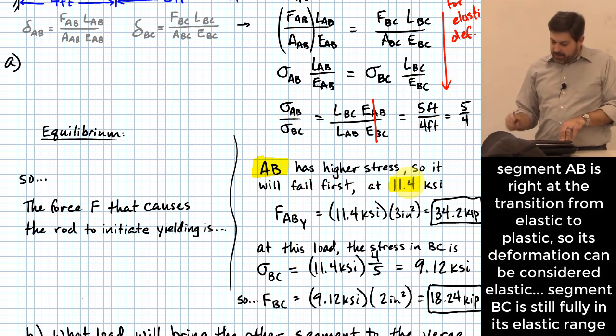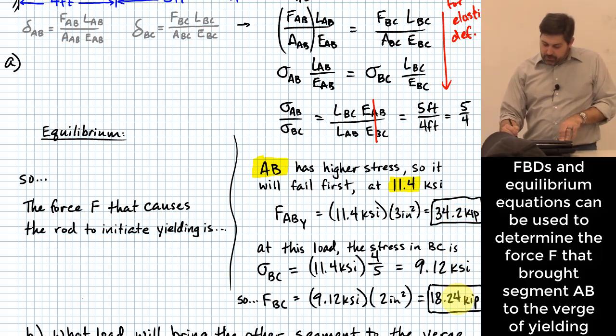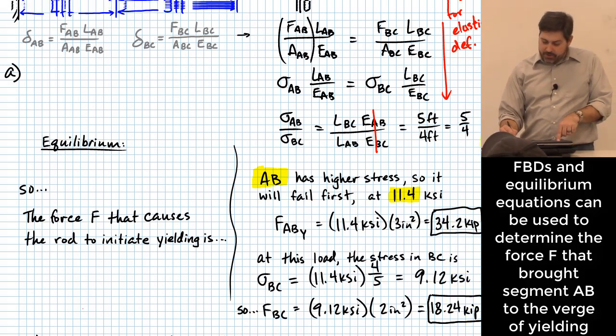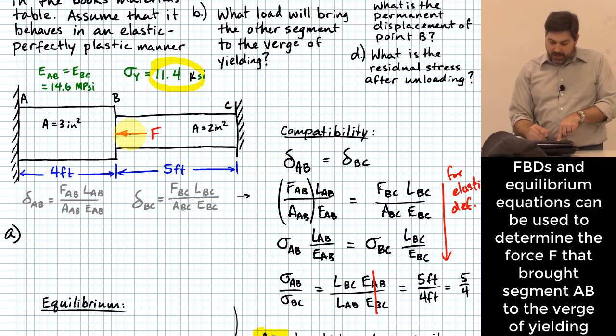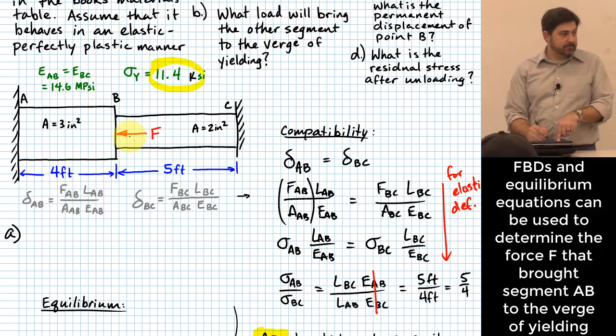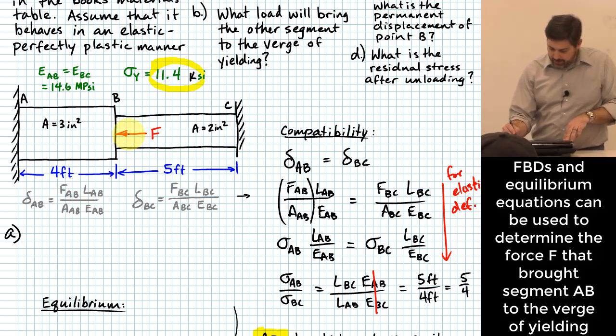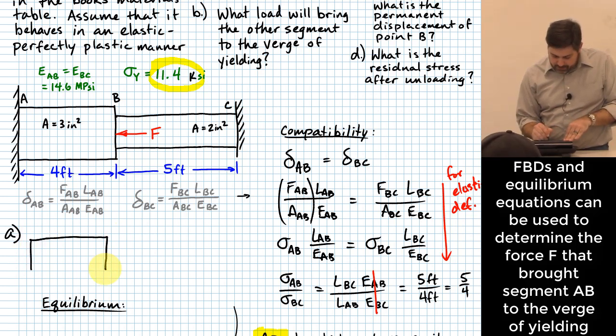Okay? All right. So how do I take these two and combine them together to figure out how much load was ultimately applied at point B? I suggest we look at some free body diagrams. Let's look at segment AB here, and let's look at segment BC here.